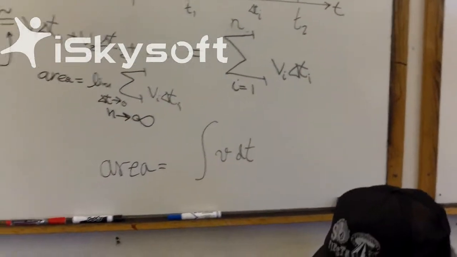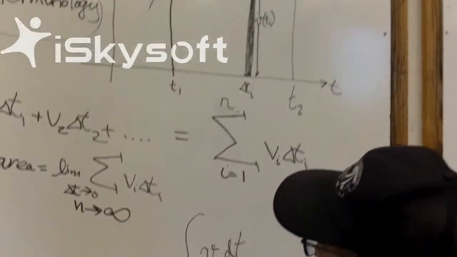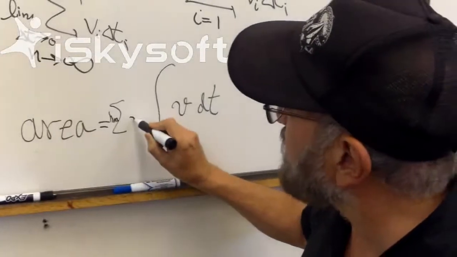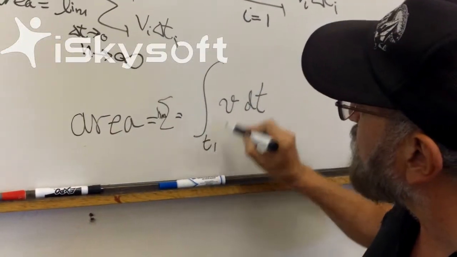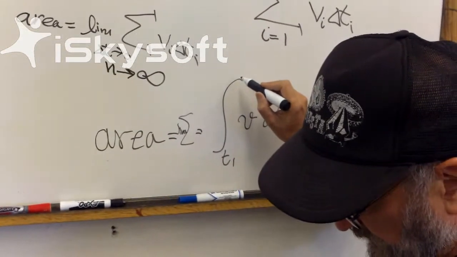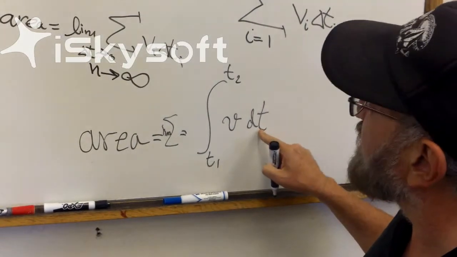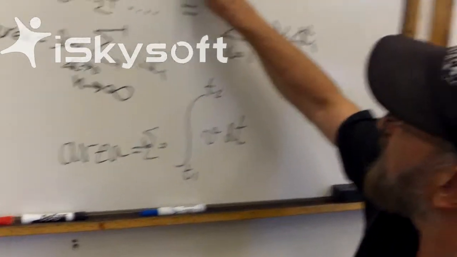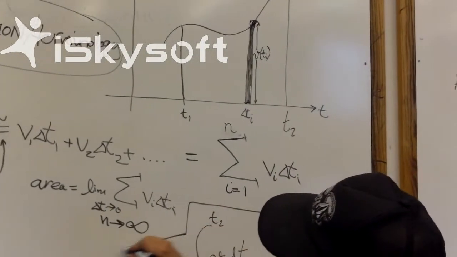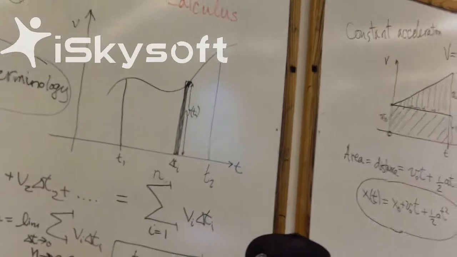So this implies the stuff about the limit. The area equals the limit of the sum, which is denoted as the integral from t1 to t2 of v dt. There's the graph. You're starting at t1. You want the area under the whole curve. You can do it as a limit of a giant sum of tiny rectangles.